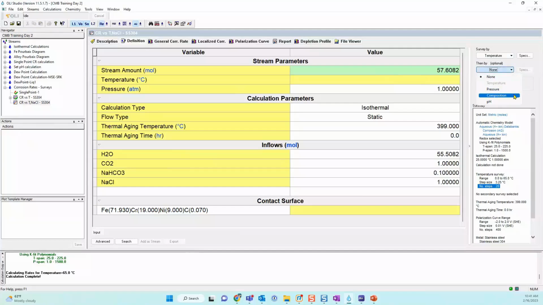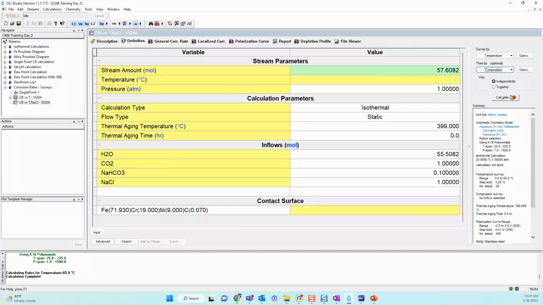You'll see that we have fewer options. We have temperature, but because we selected temperature, it's grayed out. Then we have pressure, composition, and pH. So we are limited in the second variable that we can select. But I want composition, so I'm going to select composition.